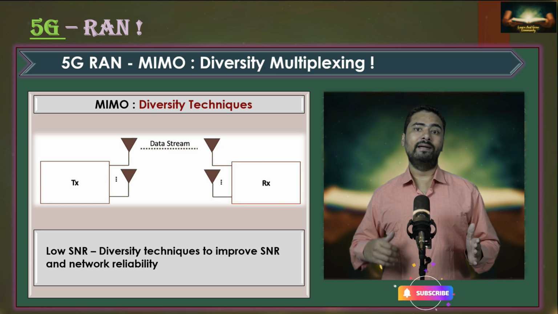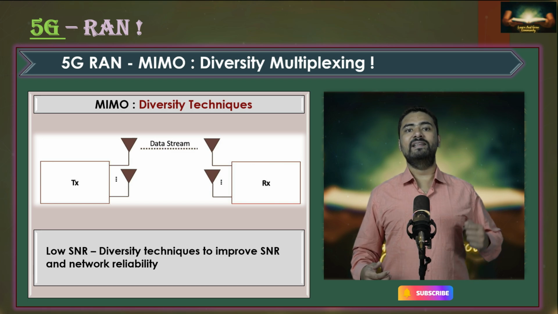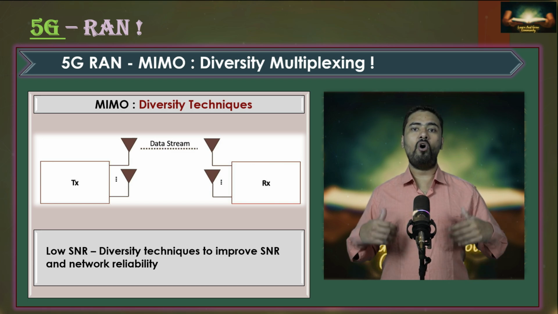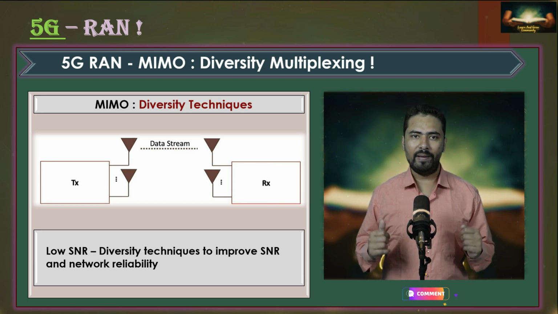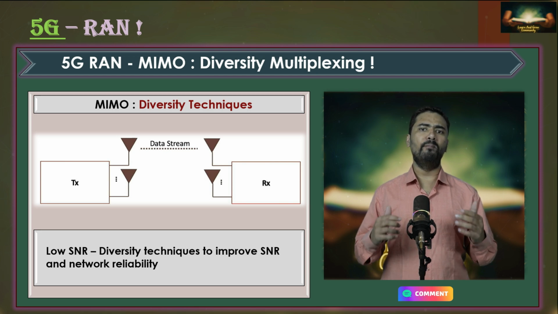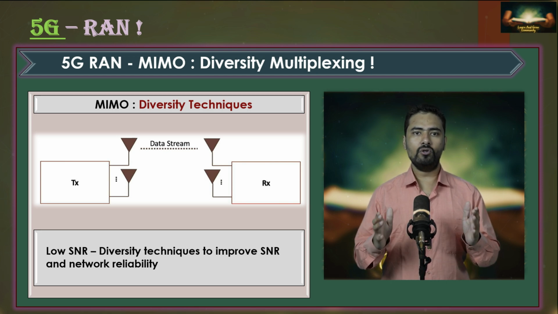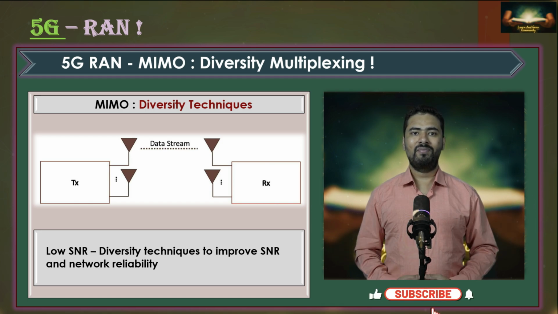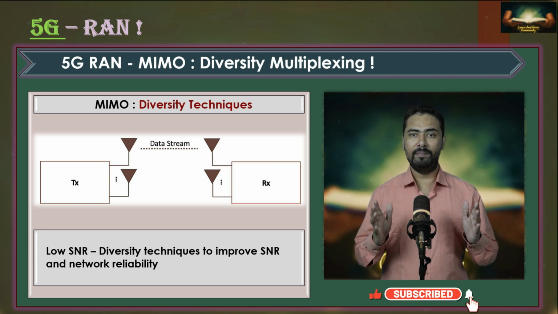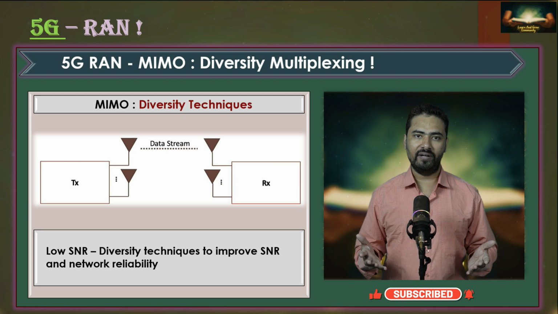And when there are at least 16 transmit antennas and 16 receiving antennas, then it is often called massive MIMO. However, some say that the minimum number of antennas for massive MIMO should be 32 antennas or more on each side. Now, MIMO offers three main methods to enhance the data transfer rate.